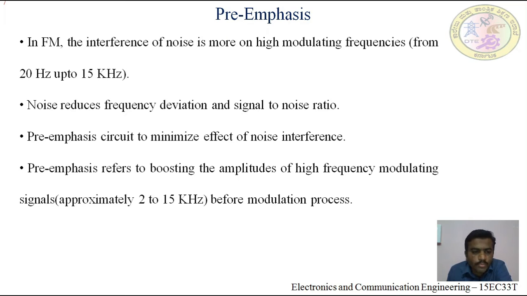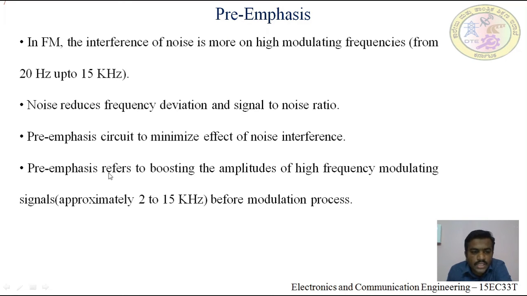If we use pre-emphasized signals for performing the frequency modulation, then the frequency deviation increases and also the signal to noise ratio will improve. Hence, in pre-emphasis, we consider the modulating signals which have the frequencies in the range 20 Hz up to 15 kHz. We amplify these signals using the pre-emphasis circuit.